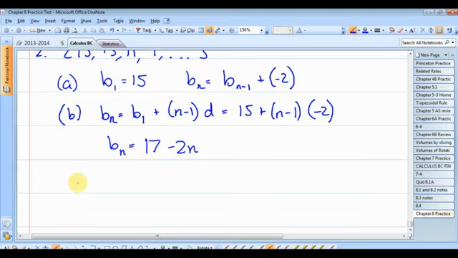Part C, the ninth term. These go on and on, don't they? B9 is equal to 9 times 2, 18, so negative 1. And D, explicit rule, no, does not converge.